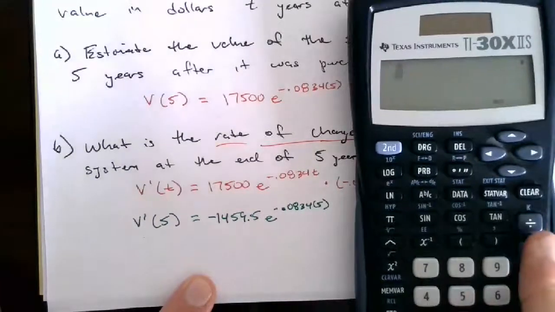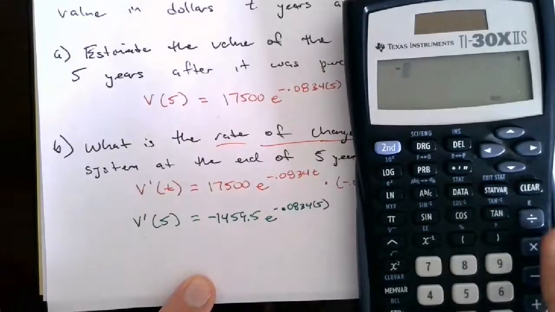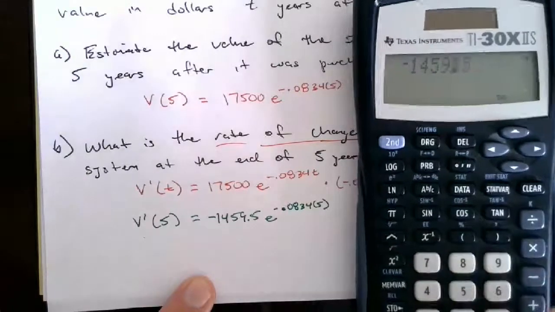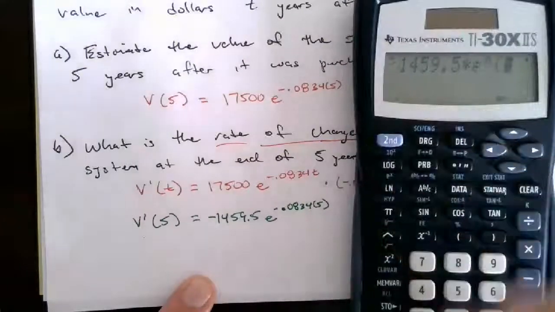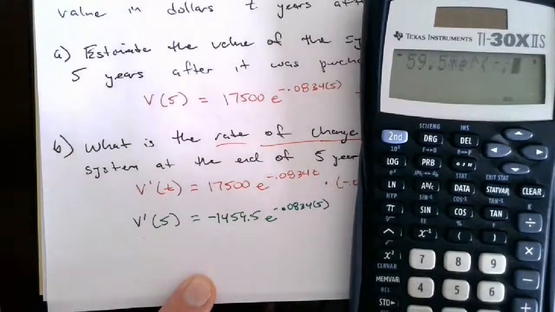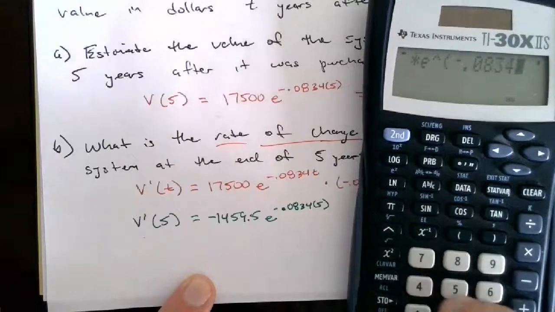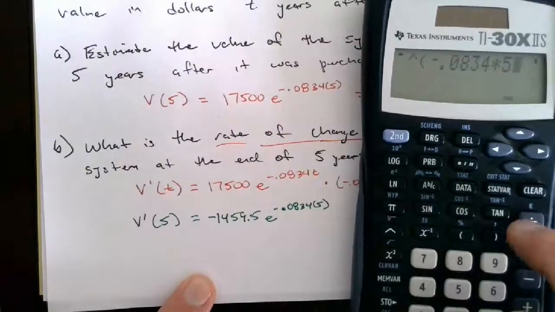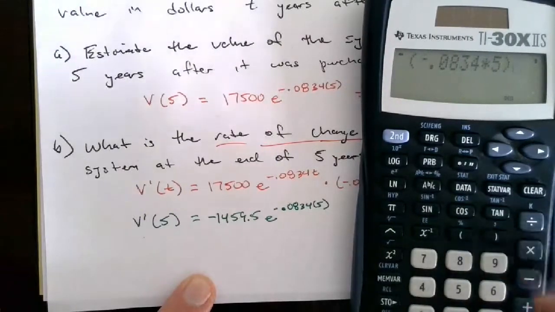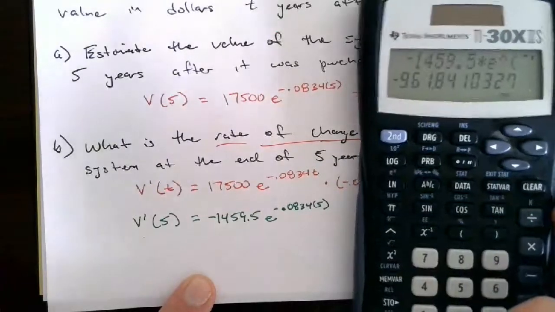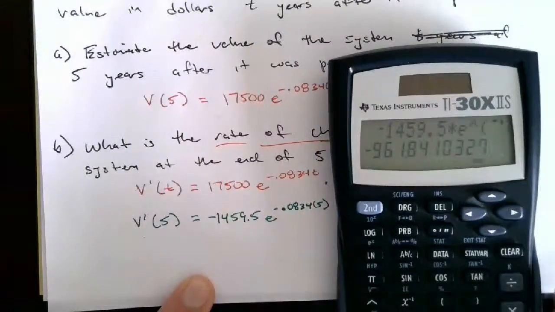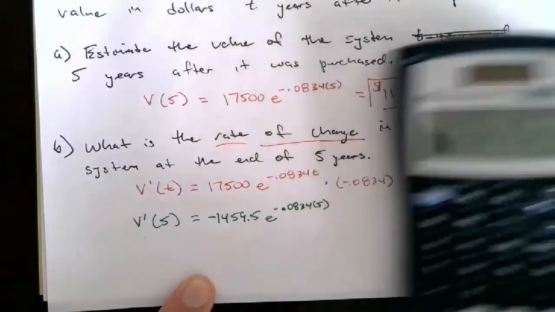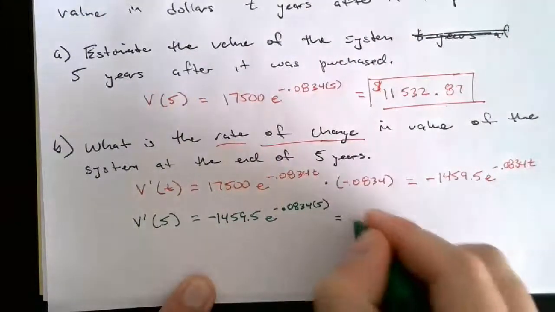If it displays everything on the screen like this calculator that I have here, then you can just type it in as you see it. Negative 1459.5 times second function e to the negative 0.0834 times 5. Make sure you have that all in parentheses. And then once you have that, hit enter. And I've got negative $961.84.